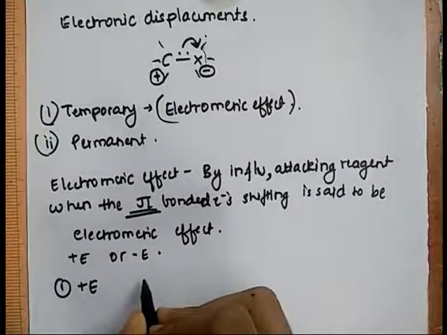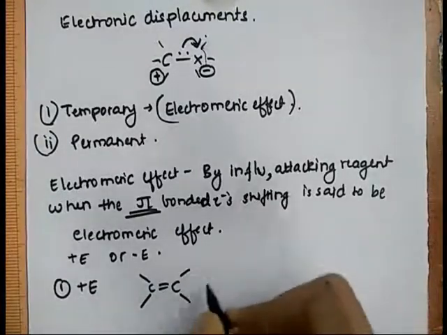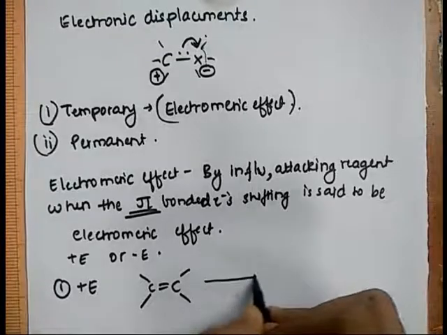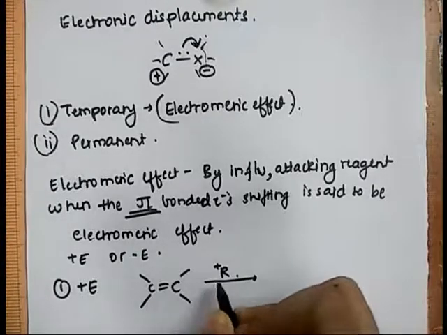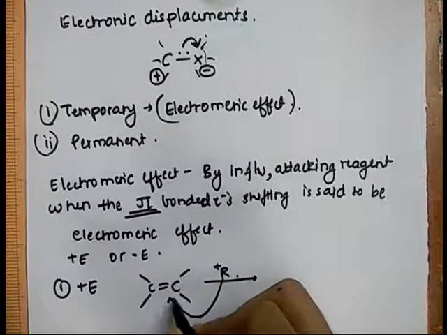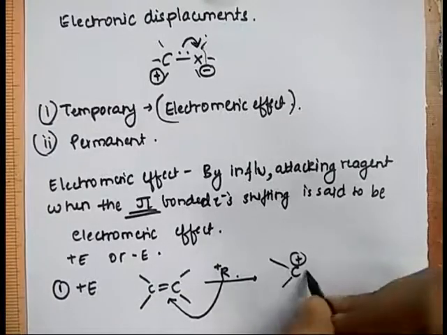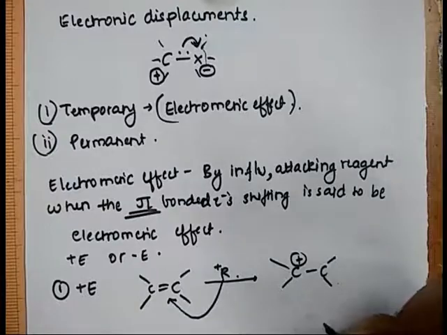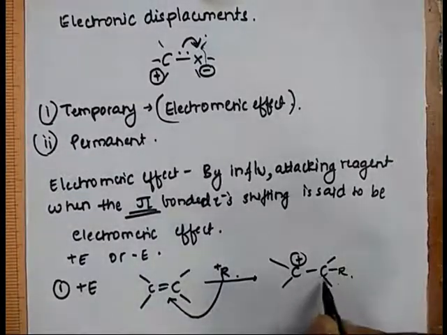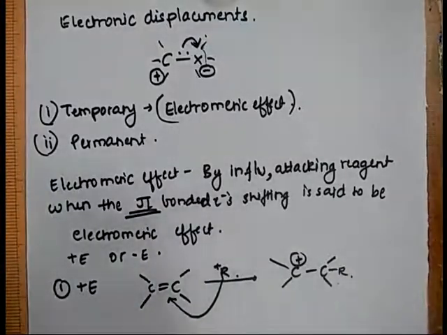For an example, if this is a pi bonded carbon-carbon double bond structure, due to the attacking reagent, one carbon receives a positive charge, and to the other carbon the attacking reagent is joined.